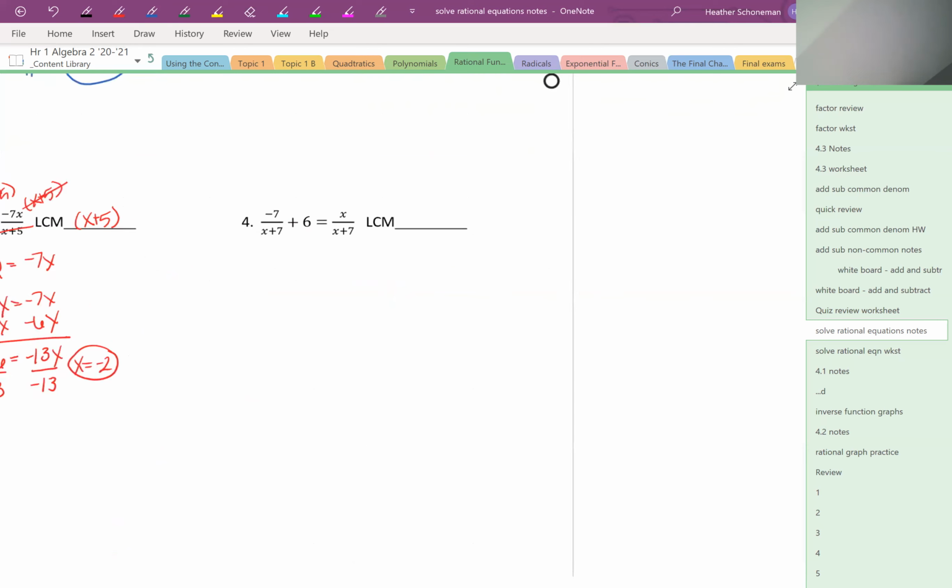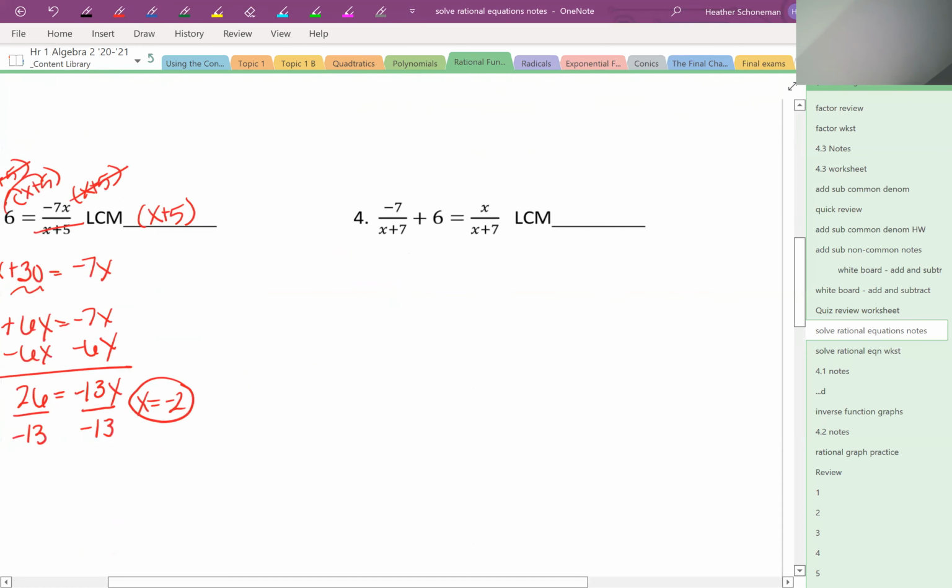Try this again. Number 4, my least common multiple. Well, I only have one denominator, so it's got to be x plus 7. So I'm going to multiply each term by x plus 7. When I do that, here they cancel, and I just get negative 7. Over here, nothing cancels, so I have to distribute.